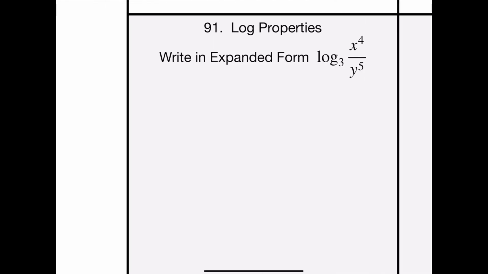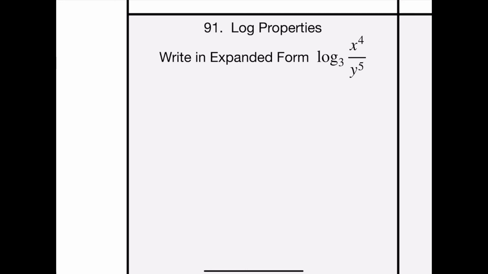Problem number 91 is the log properties. It says to write in expanded form log base 3 of x to the 4th over y to the 5th. So if you remember from the exponent rules, to divide exponents, we subtracted. And so we're going to do the same thing with logs.